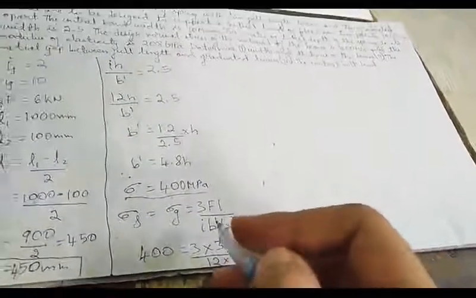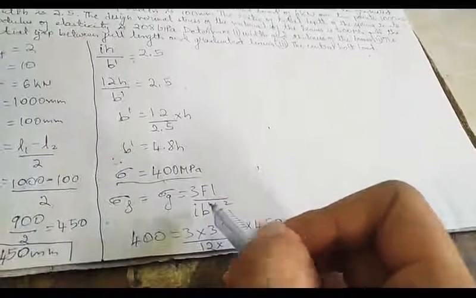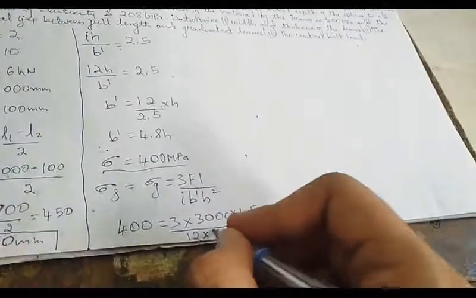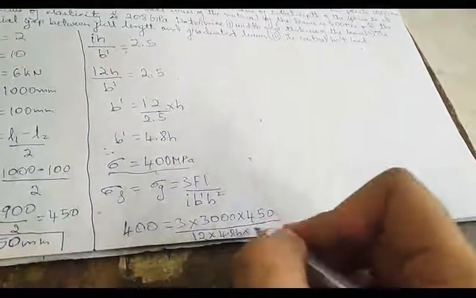We shall write B dash in terms of H. For B dash I am substituting 4.8 H, and for H square I will write H square as it is.